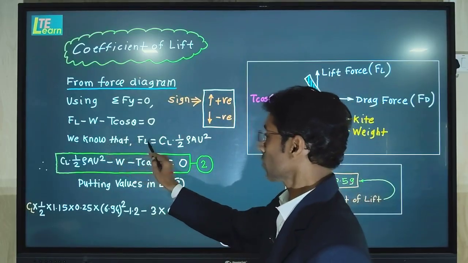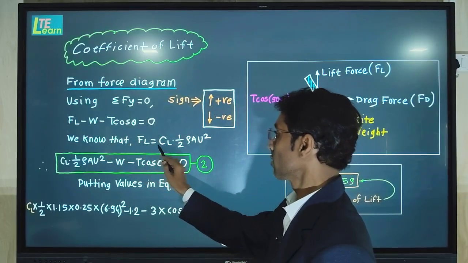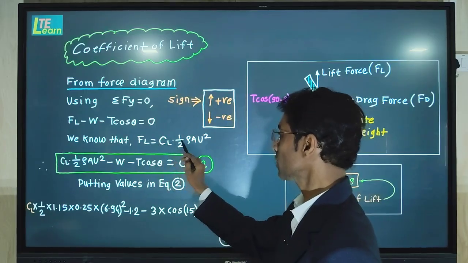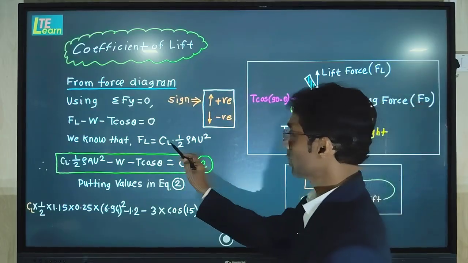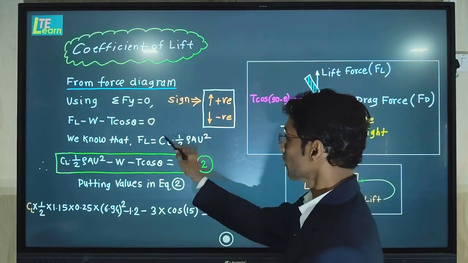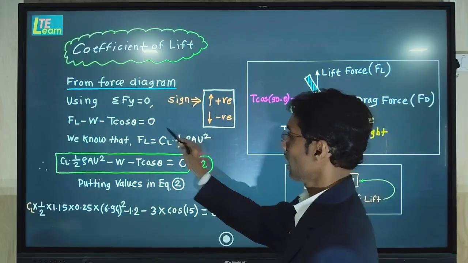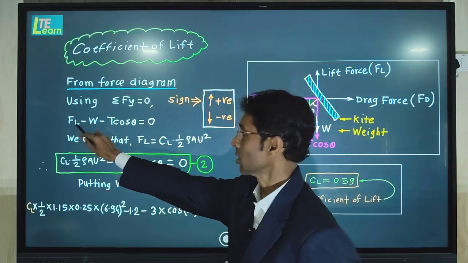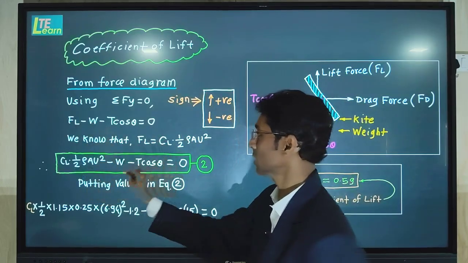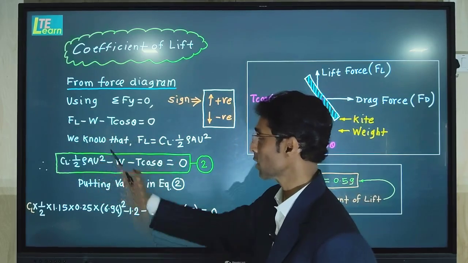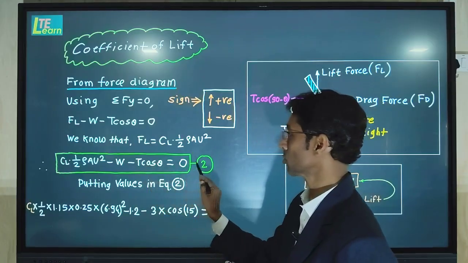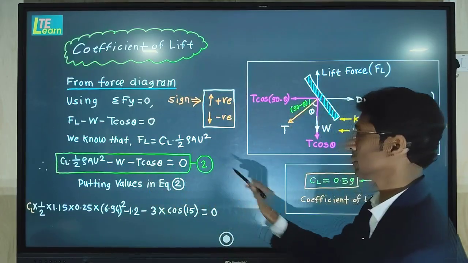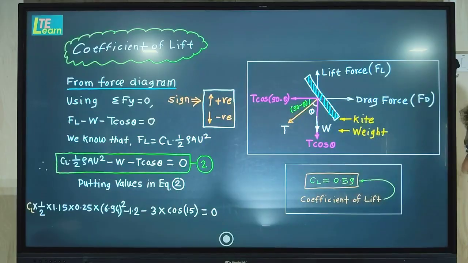Then we know from the theory, FL, that is lift force, is equal to CL into half rho A capital U square. So now we put this expression of FL in place of this FL. So here we find CL half rho A capital U square minus W minus T cos theta is equal to 0. We say this as equation number 2.